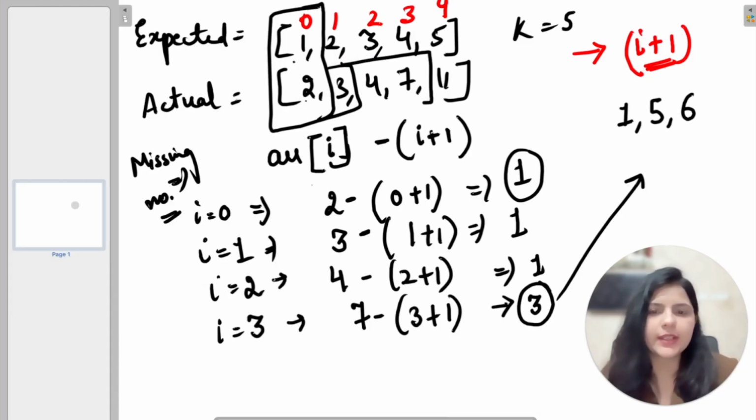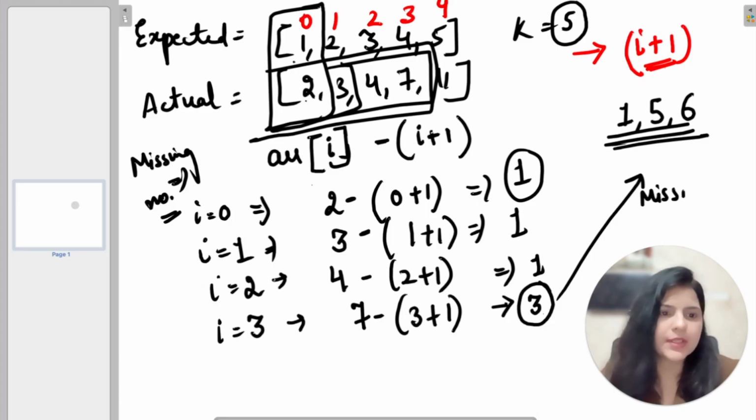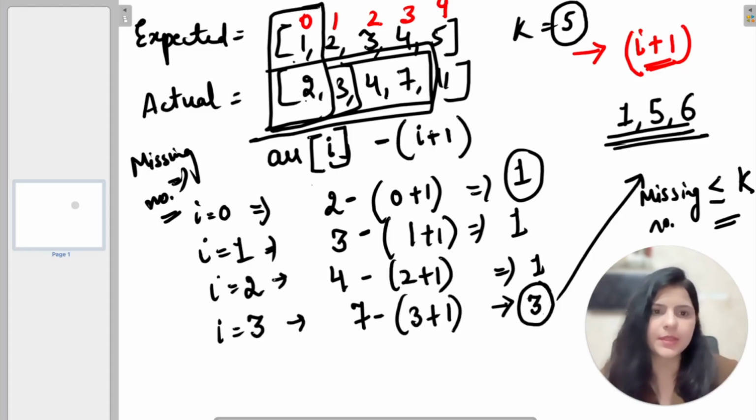So till index 3, if you see here, 3 numbers are missing. But we want to find the fifth number, right? So you can check, this is your missing numbers. So missing numbers, if it is less than equal to k, right? So here 3 numbers are missing, but you want to find the fifth number. So not possible to find it till here.